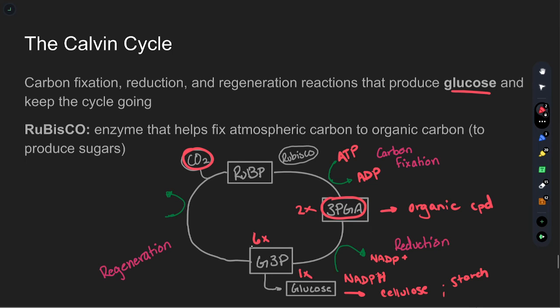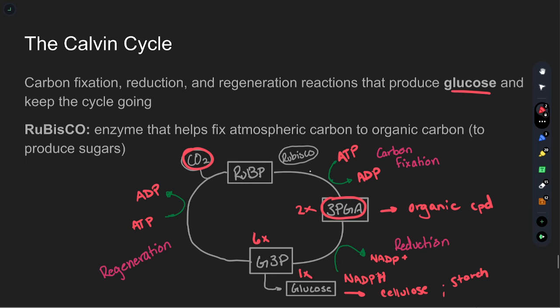5 of these glyceraldehyde 3-phosphates get regenerated back to this compound, ribulose bisphosphate. And we also need to use ATP here in order for that to happen. Boom.